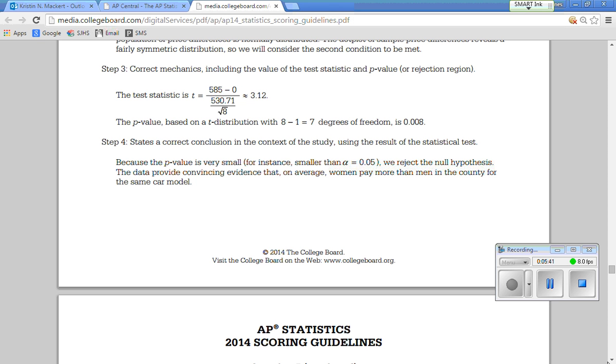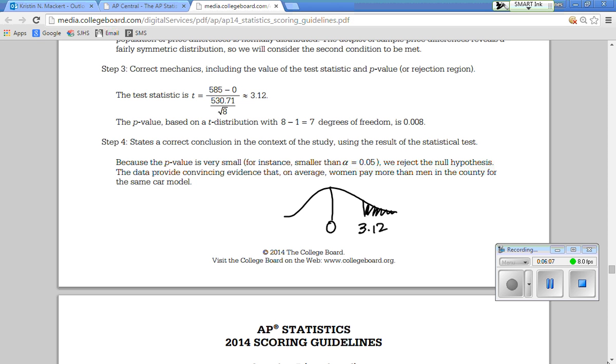How do you find the p-value based on the distribution, based on the test statistic? It's 7 degrees of freedom.